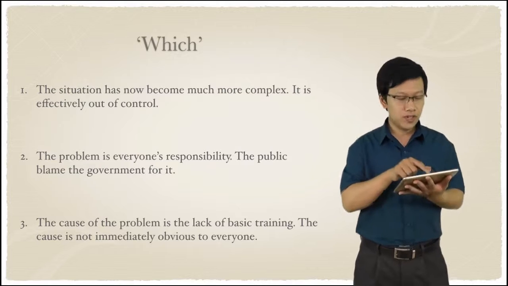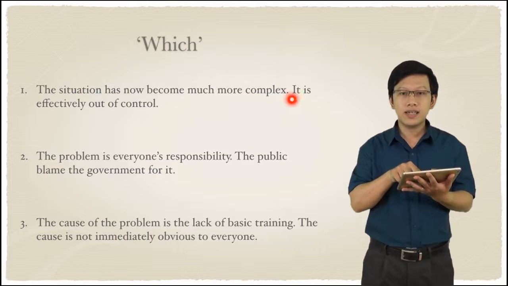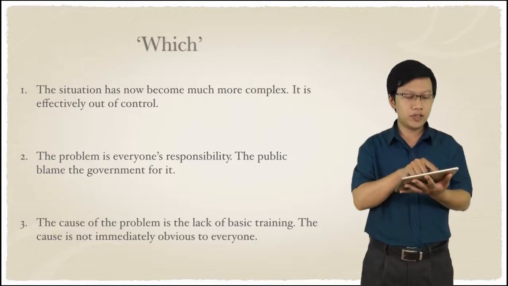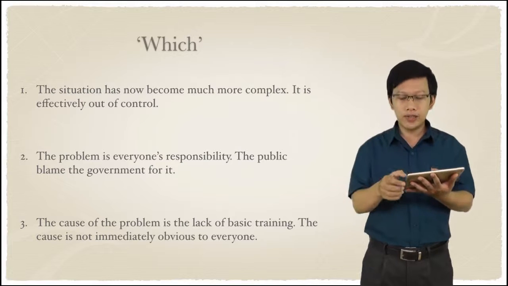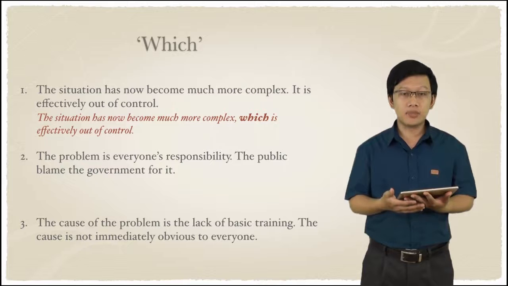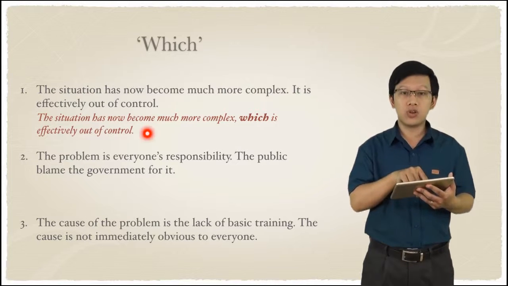So let's see. The first sentence: the situation has now become more and more complex. It is effectively out of control. So I'm going to ask you, it here refers to situation. And so how do you connect? We're going to say: the situation has become more and more complex, which is effectively out of control.